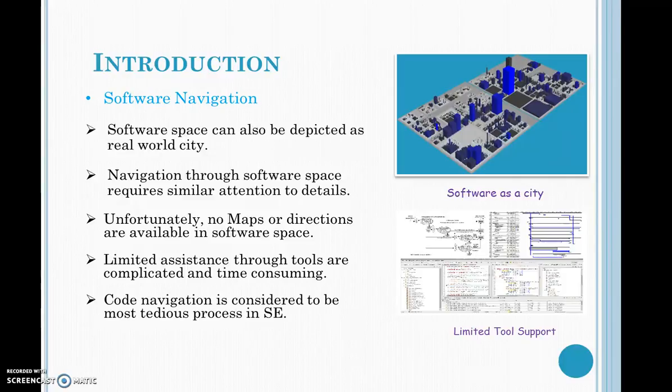But unfortunately, there are no maps or directions available in software space to assist programmers. The limited assistance through tools is complicated and also time consuming. These days most people use intelligent IDEs such as Eclipse, NetBeans, and Visual Studio to develop their projects. According to source code navigation literature, code navigation is considered the most time consuming and tedious process in the software engineering life cycle.